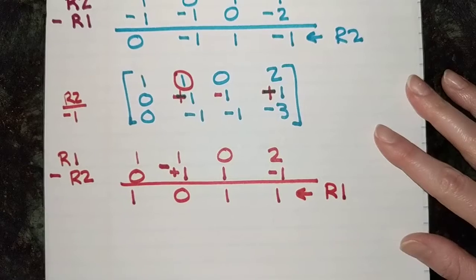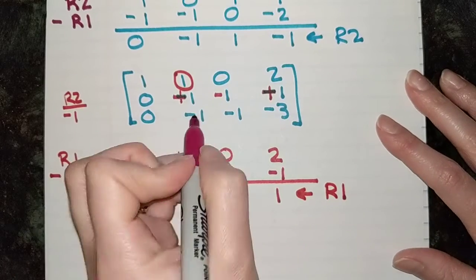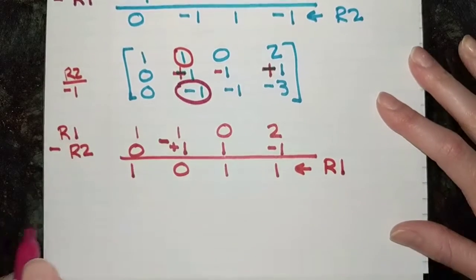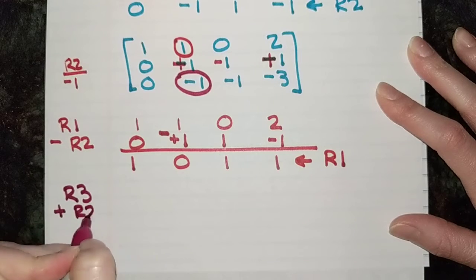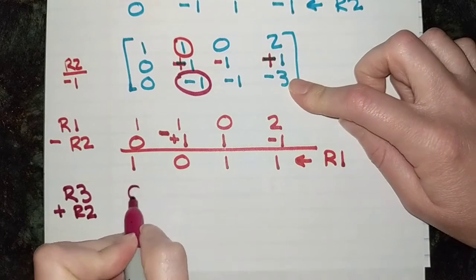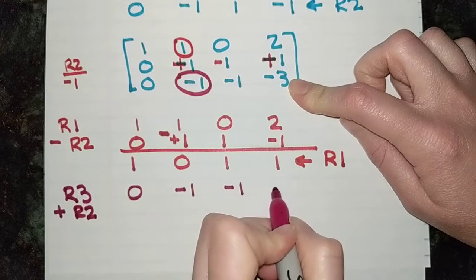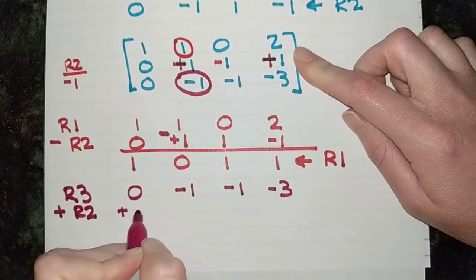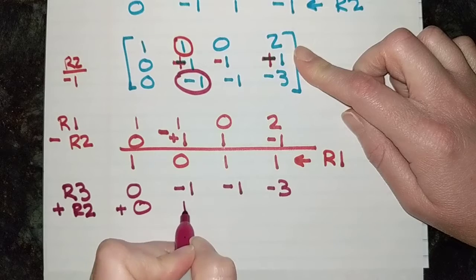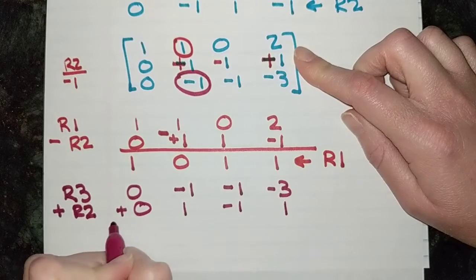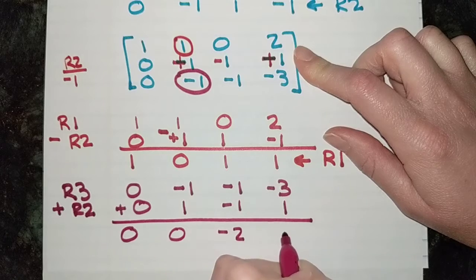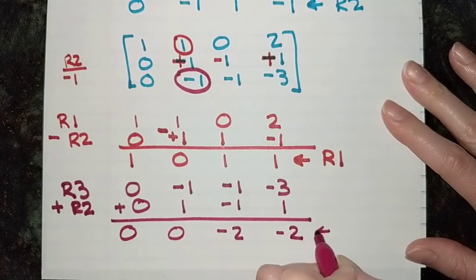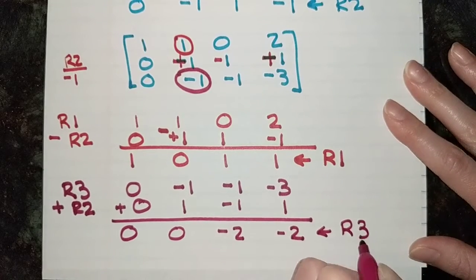And then we'll have to do a similar process for row 3, because row 3 has a -1, and so there you're just going to have to add row 3 to row 2. So row 3 will be 0, -1, -1, -3, and then you'll add that to row 2. So 0, 1, -1, and 1. So you'll see that those cancel, 0, 0, -2, -2, and that is your new row 3.